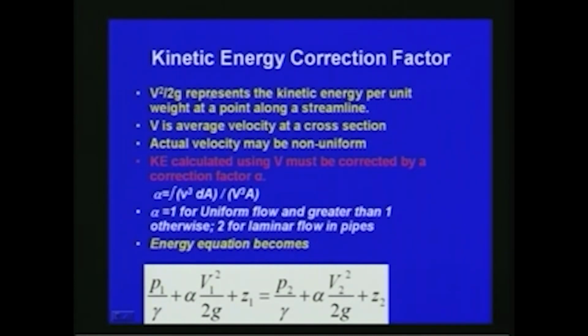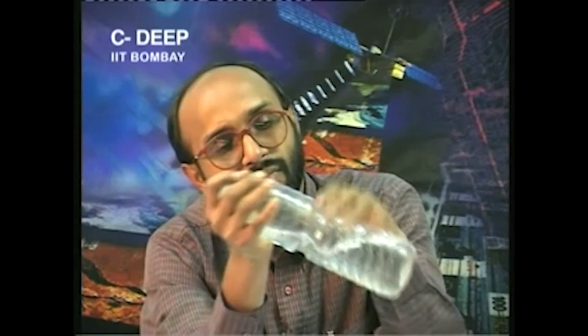In all these problems, what we have seen so far, when we measure the velocity, we are getting the mean velocity. Most of these are one-dimensional problems, where V is the average or mean velocity. Here we have to do a correction, since we are considering the mean flow. If this is considered as a pipe, we are considering the mean flow velocity, the average velocity at a cross section.